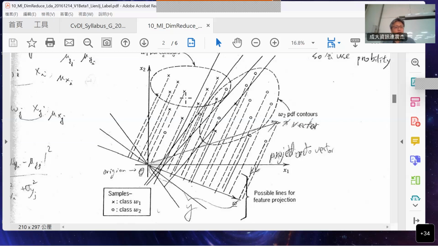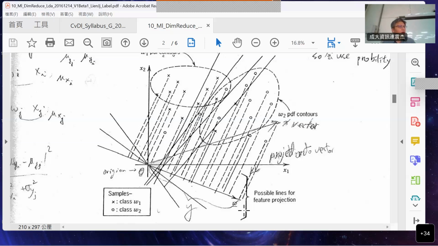Okay, so we will find the mean of 2D, the other mean of 2D, and the standard deviation in 2D. If we project to this line, you'll find there is the Gaussian distribution in 1D.